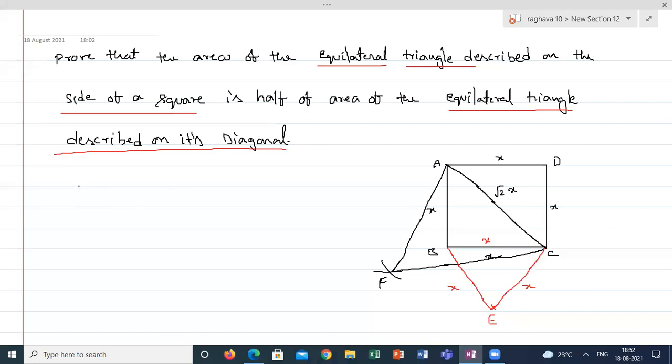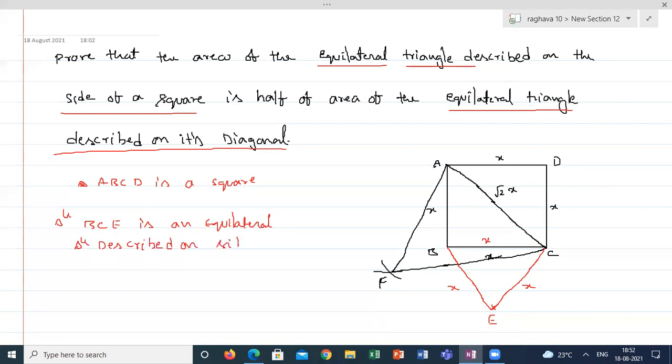So ABCD is a square. Triangle BCE is an equilateral triangle described on the side of the square.